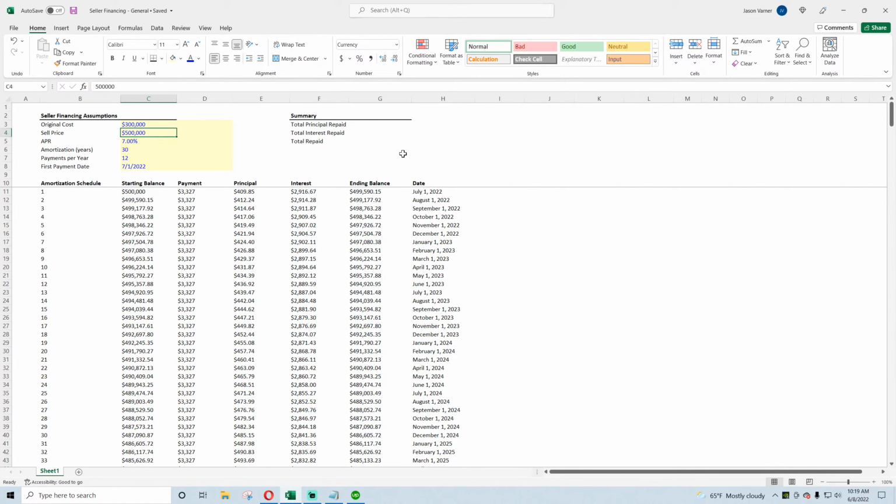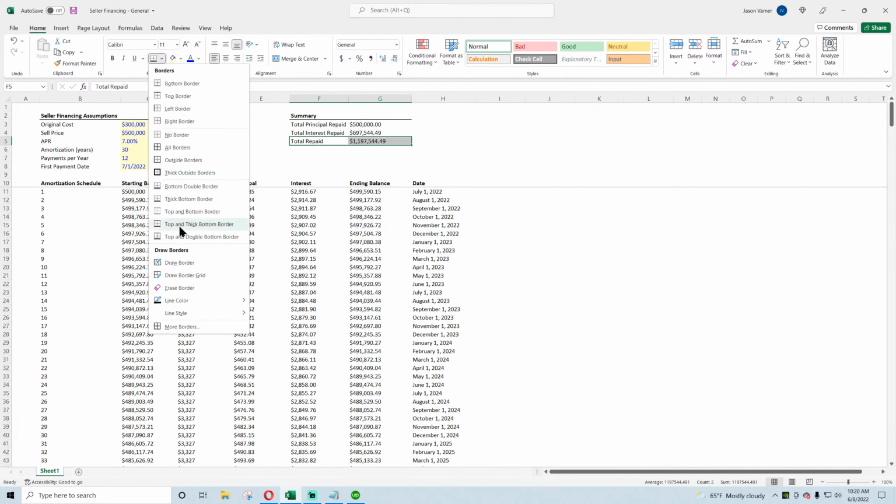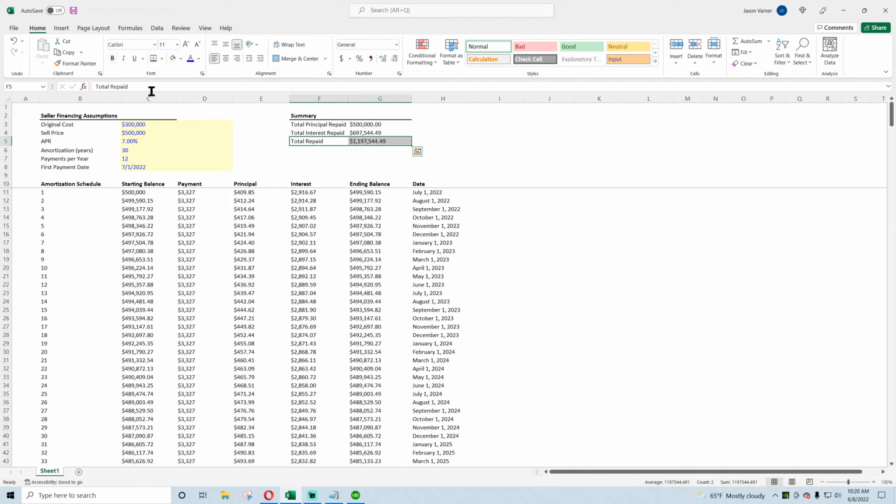Now we can say total principal repaid. The question is how to make this more interesting, because there's some cool stuff you can do with this. So we'll probably do some kind of tax thing, because the interest is obviously interest revenue.